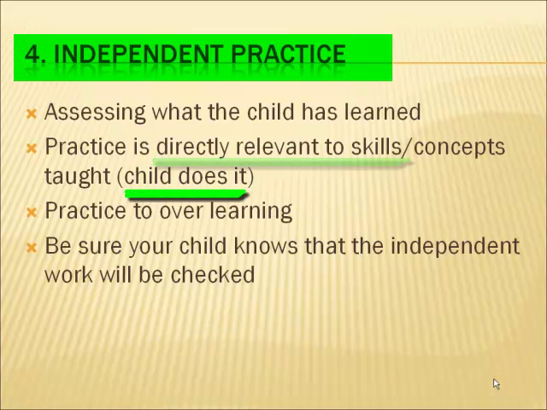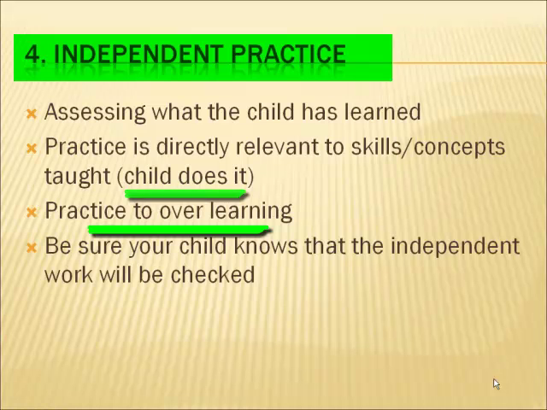The child does it himself or herself. We practice to overlearning. So we want them not just to know it, but to overlearn it. And that is important in some areas like math facts and knowing sight words, and other areas. We want them to overlearn it so that there's not a day when they don't know it.